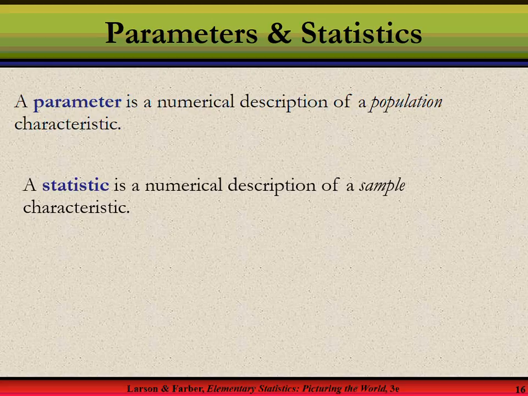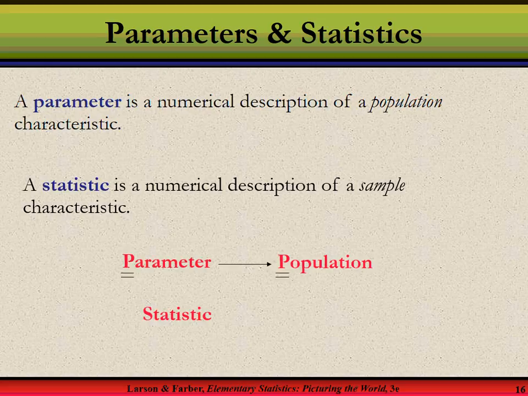It describes the entire population. It's a number that describes the whole thing. So, a statistic is a numerical description of a sample. Normally we'll be dealing with a statistic and not a parameter because a lot of times we can't get the whole population.